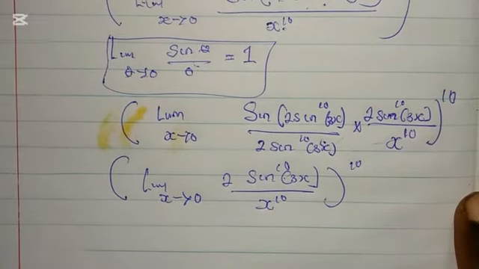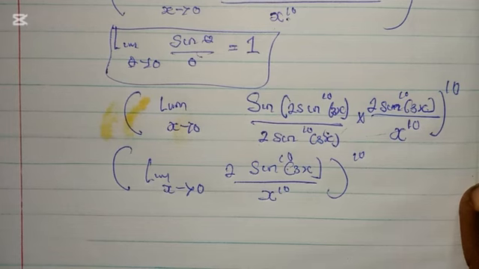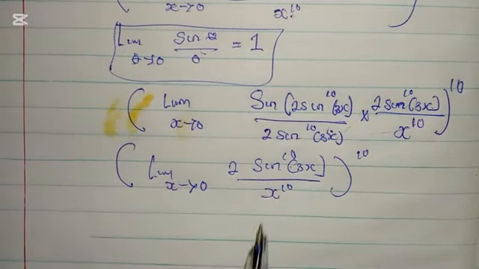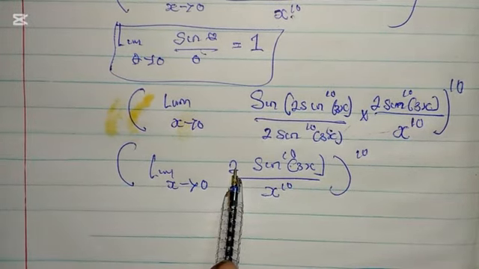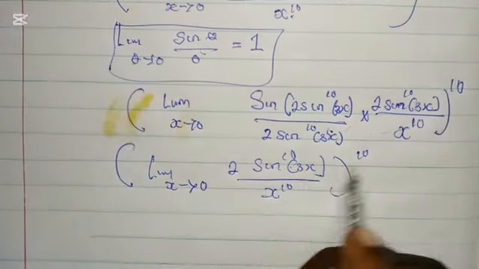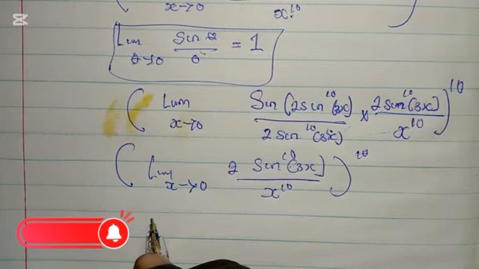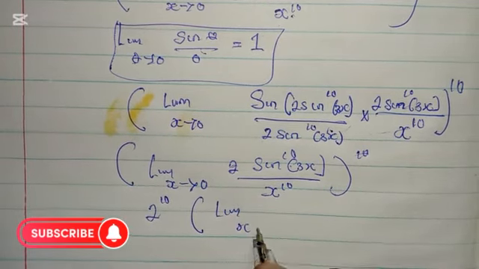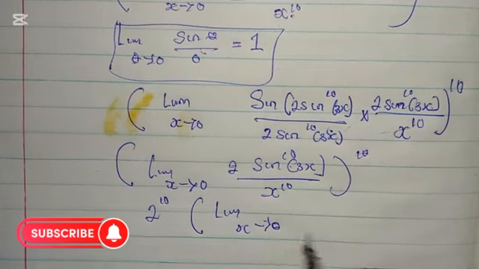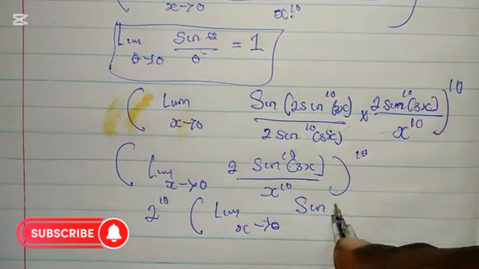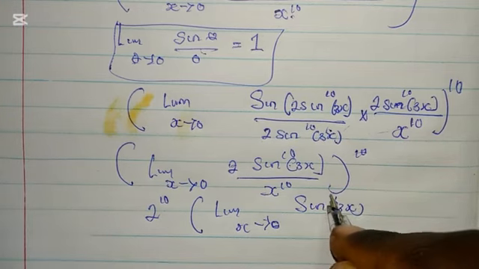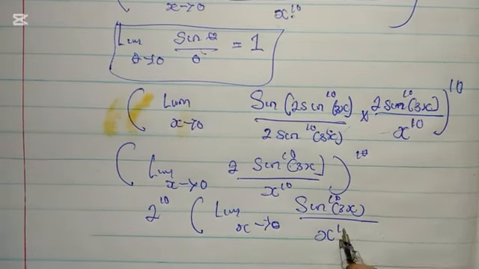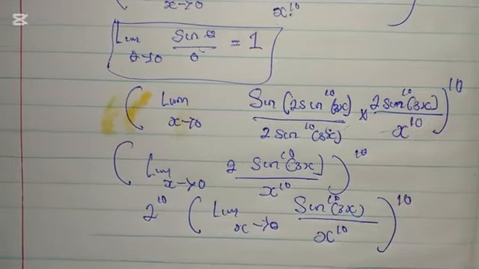So now the limit of a product is the product of the limits. So we can just bring these two out. Don't forget this 2 is raised to the power of 10. So we just say 2 raised to the power of 10 multiplied by limit x tends to 0 of sine 3x raised to the power of 10 divided by x raised to the power of 10. Everything here is to the power of 10.